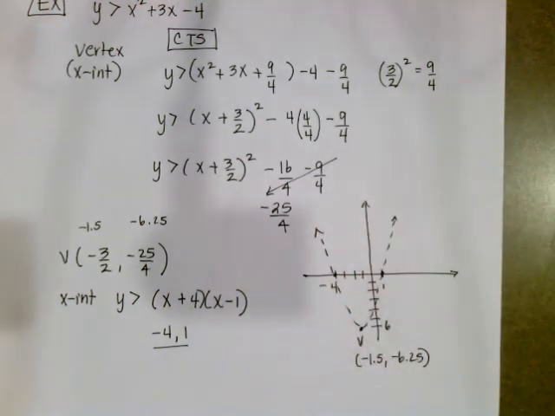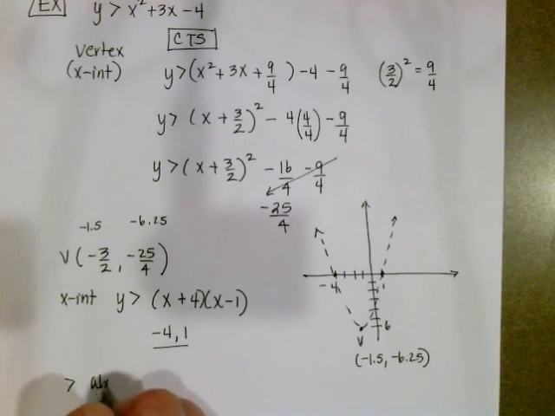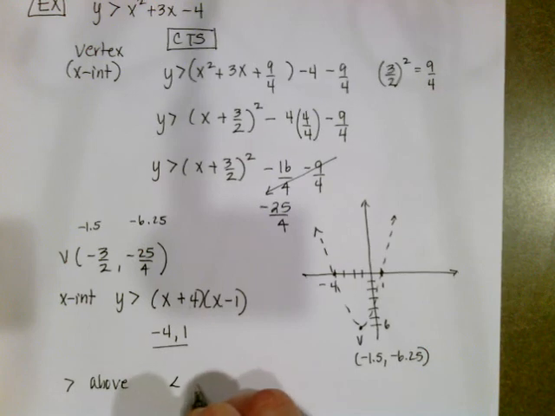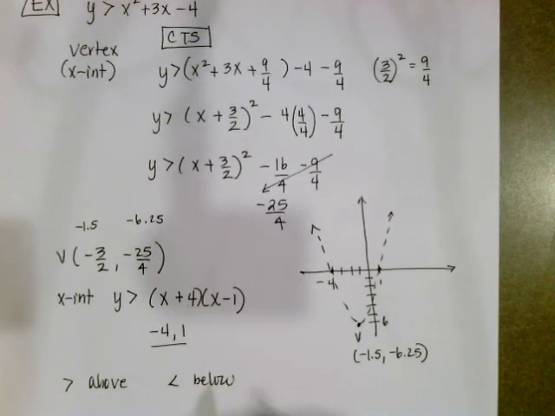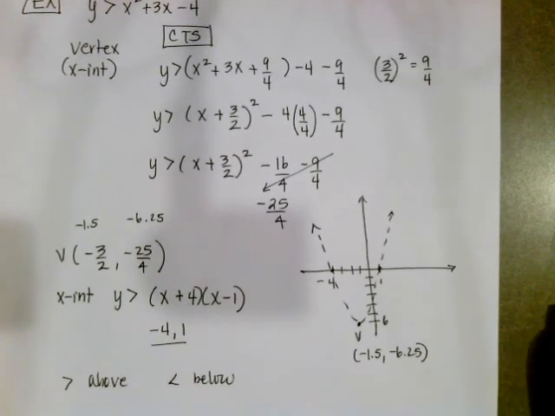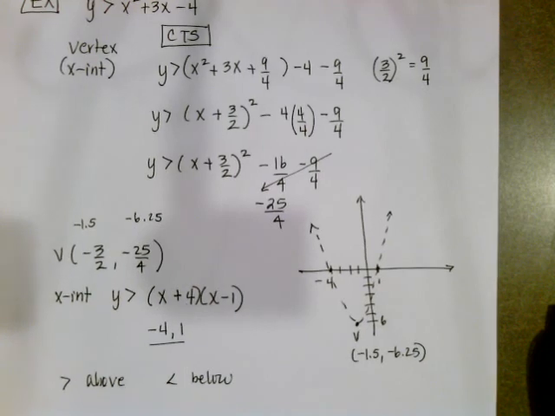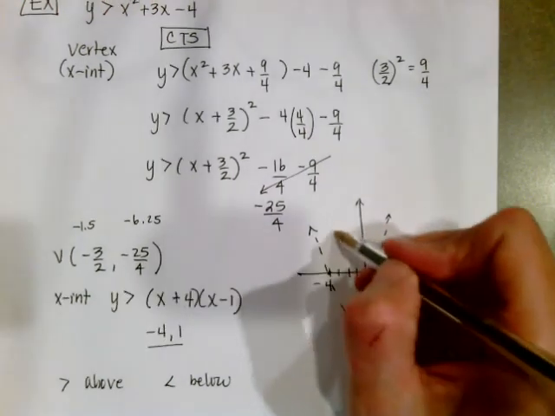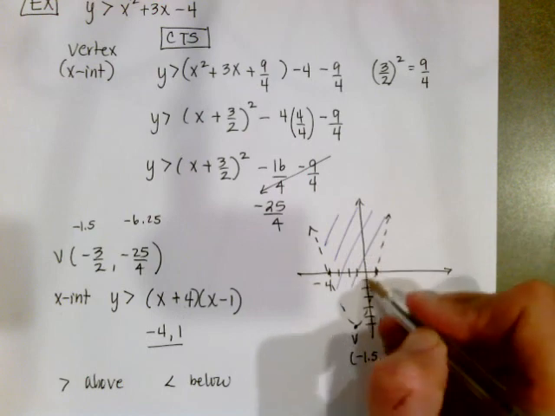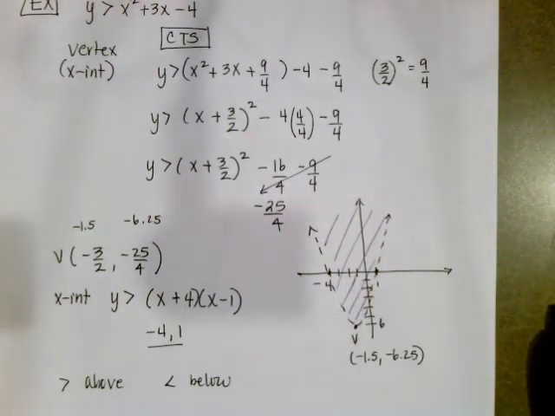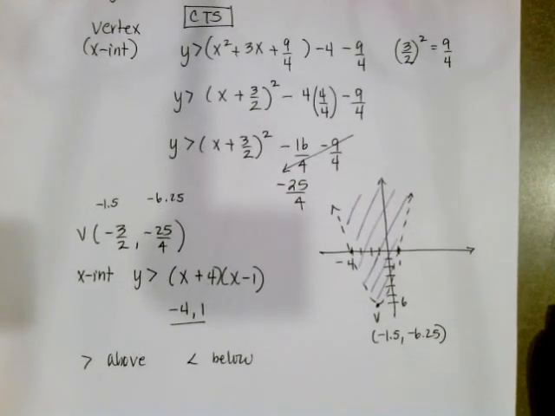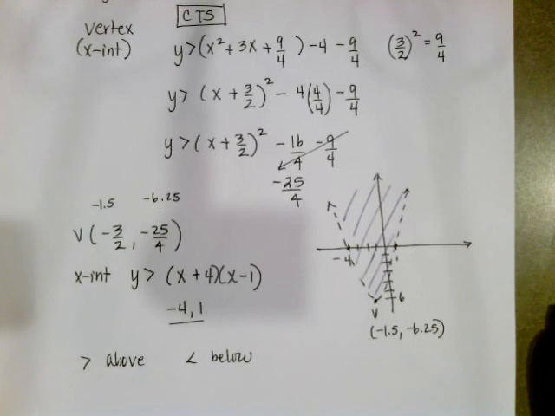And because I have a curve, greater than usually means above, and less than means below. So if I actually shaded my graph, if I can get a different color pen, my graph shading would be everything above that line, and that would be the solution to that particular inequality.